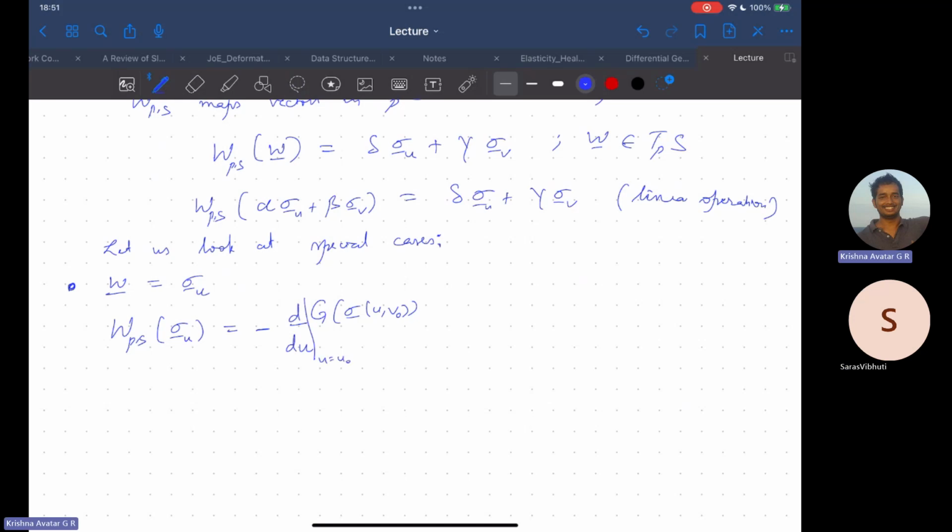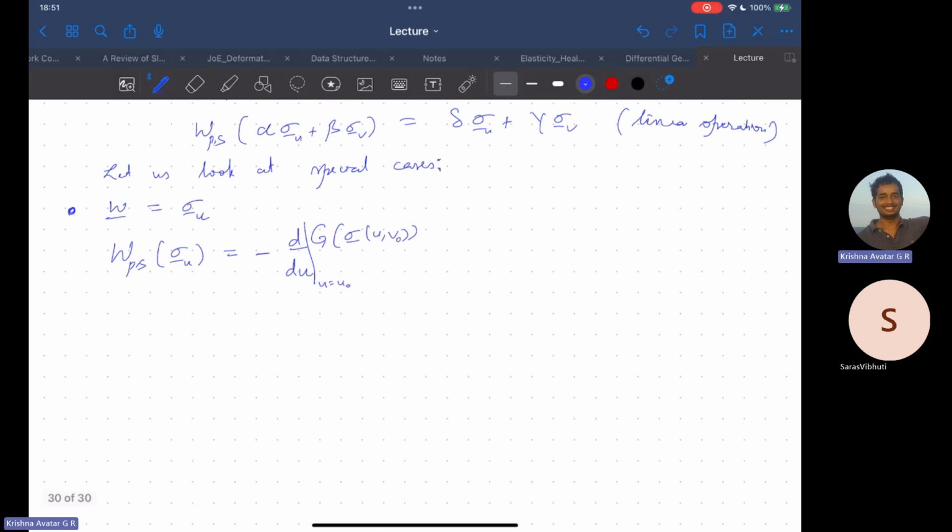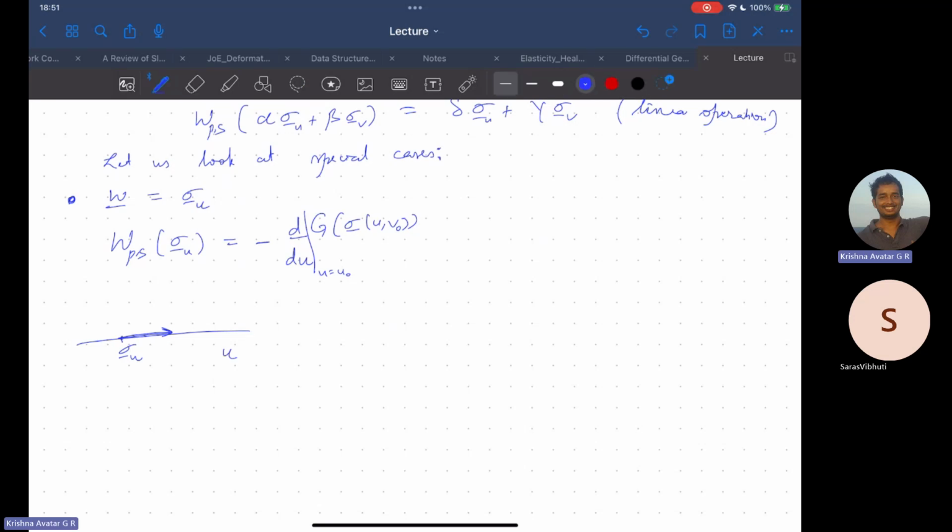So I'll ask, okay, why this? Where are we moving here? The issue is that I'm looking at W_p of S. What we are doing is varying the Gauss map of sigma_u, and you know that sigma_u is along the u coordinate lines.